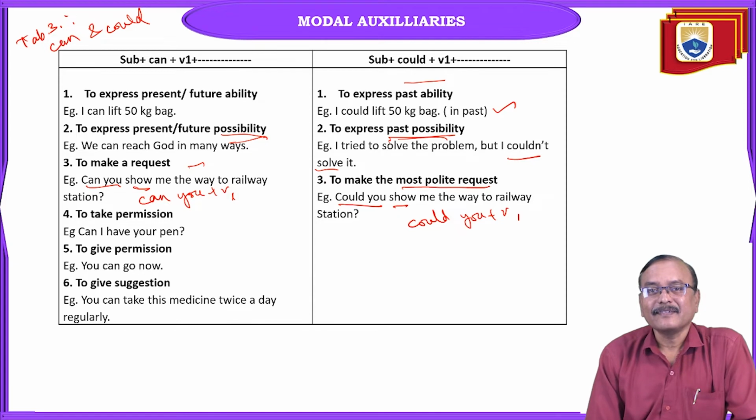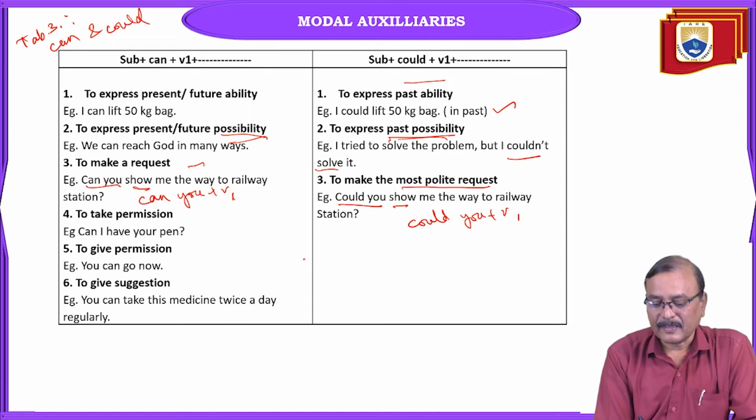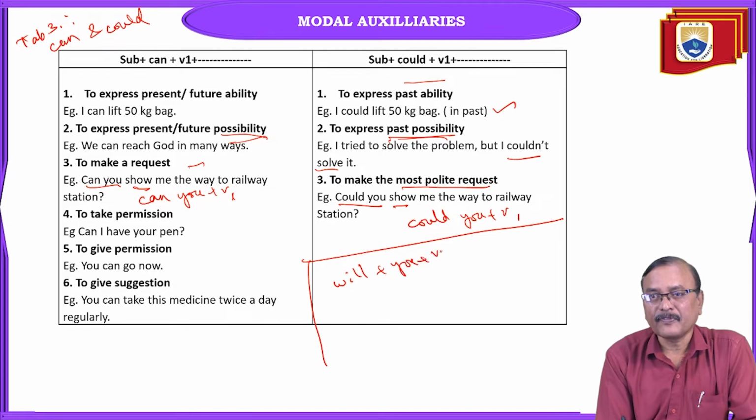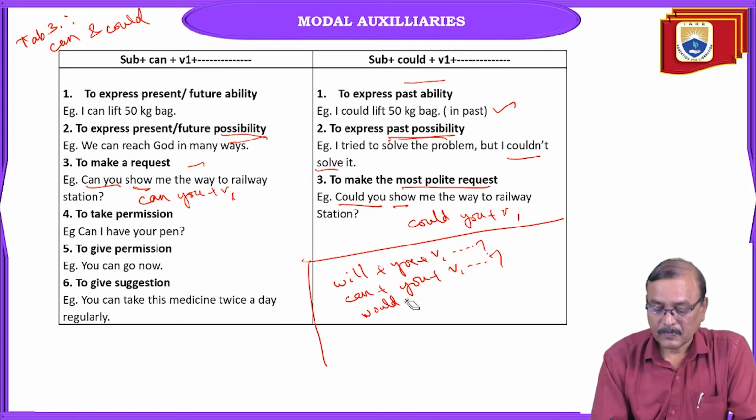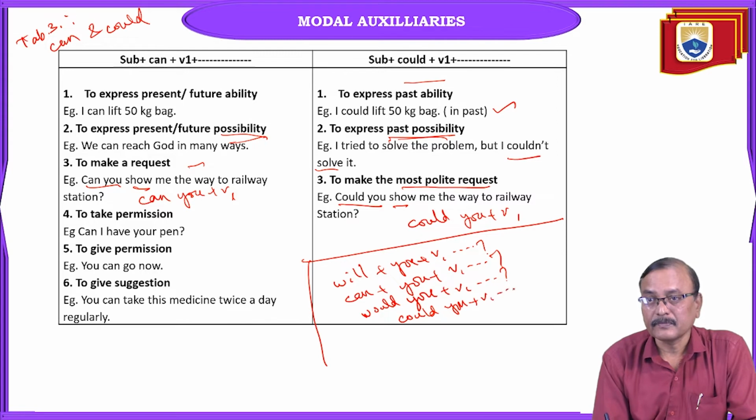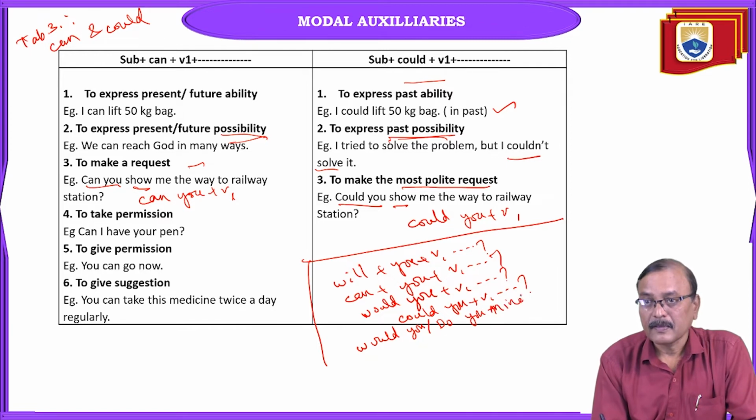So now you may ask me, sir, for requests there are many methods, no? Generally, let me tell you, you can use will you plus V1 form, can you plus V1 form, or would you plus V1 form, or could you plus V1 form, or do you mind plus V form.